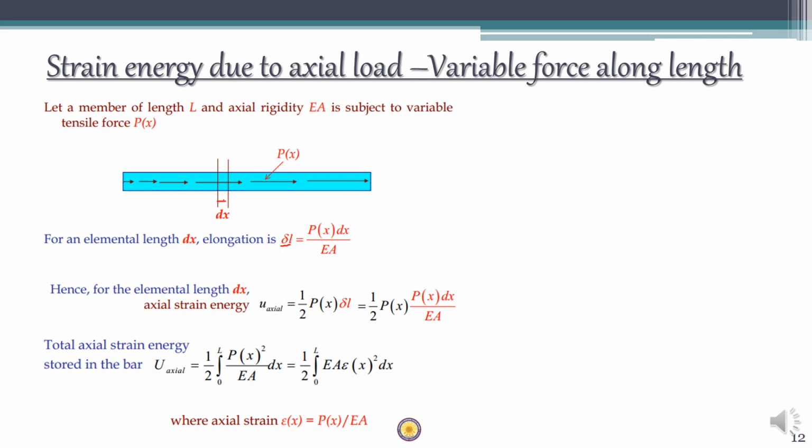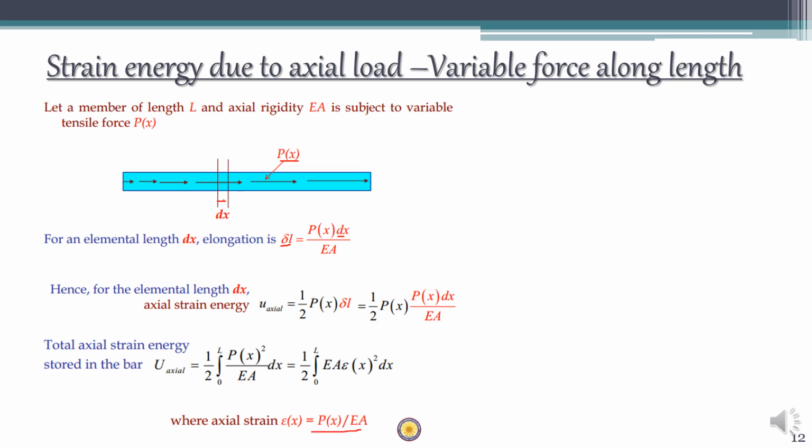Herein, however, P is equal to P of x and L, which is the length, is equal to elemental length dx, divided by EA. We also know that delta L by dx, deformation by original length, will be equal to strain, which means that epsilon x is equal to P of x by EA, which is given here.